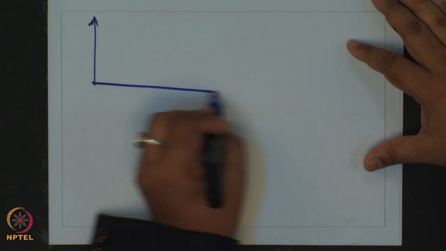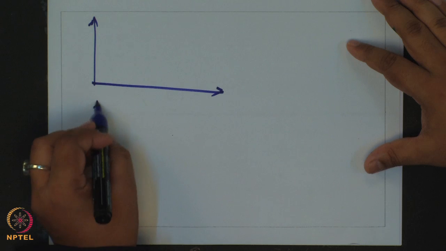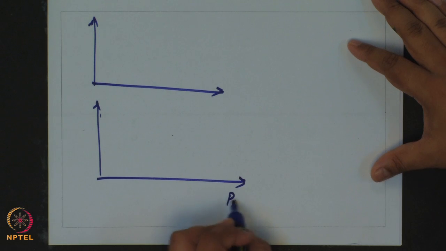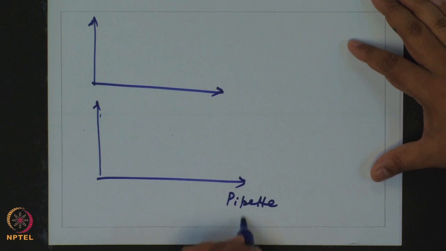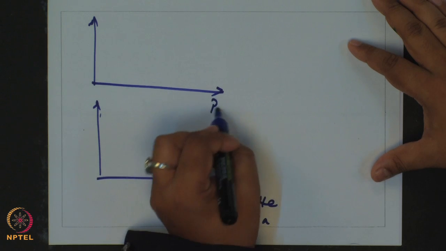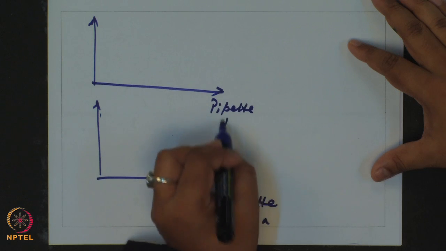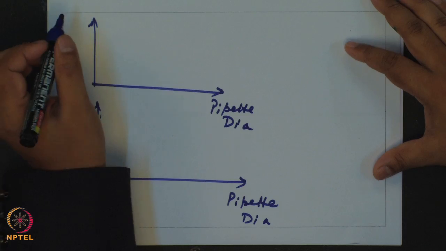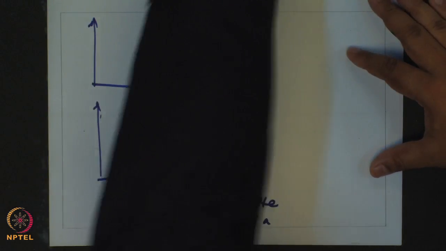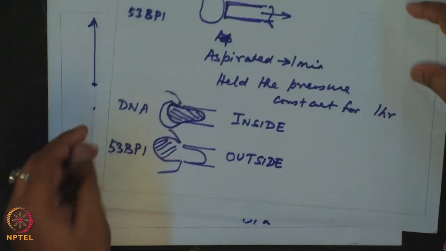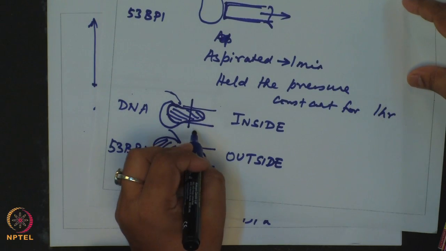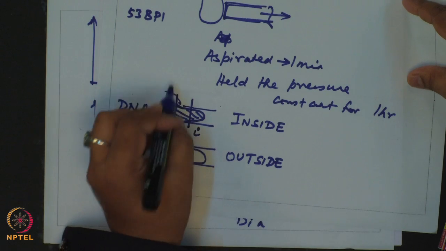So they then did this routinely using pipettes of varying diameters. And what they found, so our x axis is the pipette diameter. And what they tracked here was the ratio inside to the ratio outside.